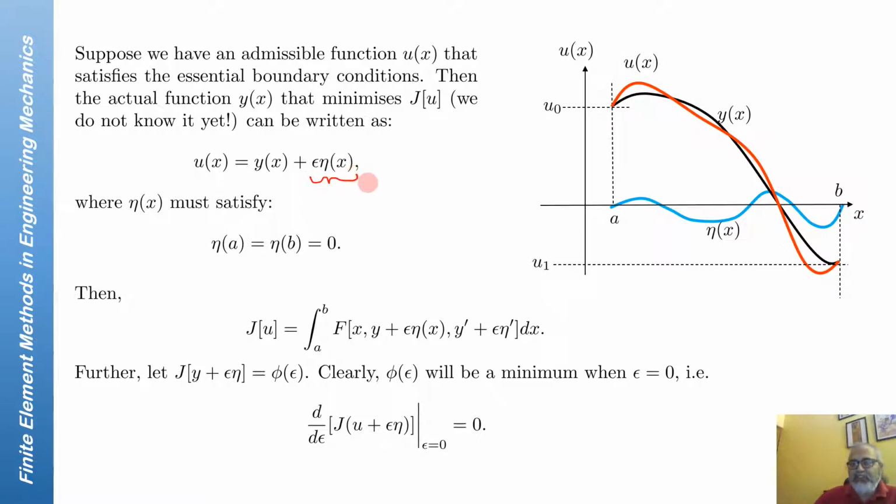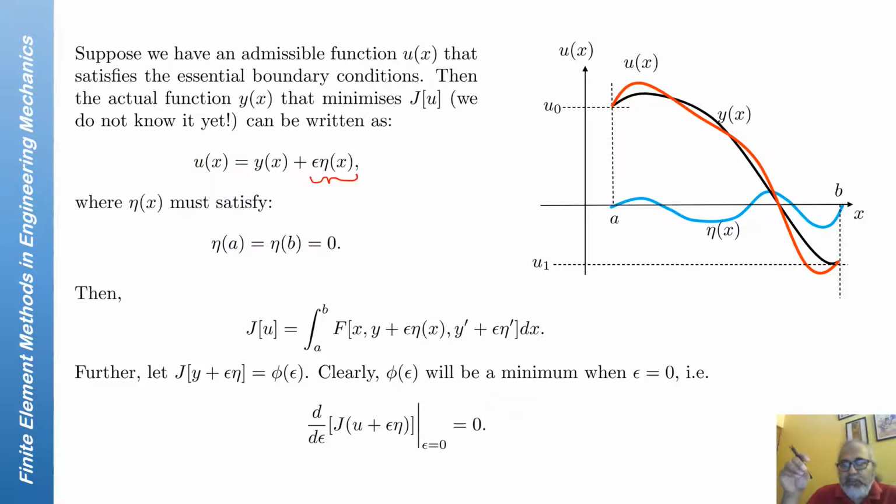This perturbation is constructed by taking another function eta, which is 0 at a and b, and multiplying it by a small number epsilon. So y plus epsilon eta(x) will give you u(x).